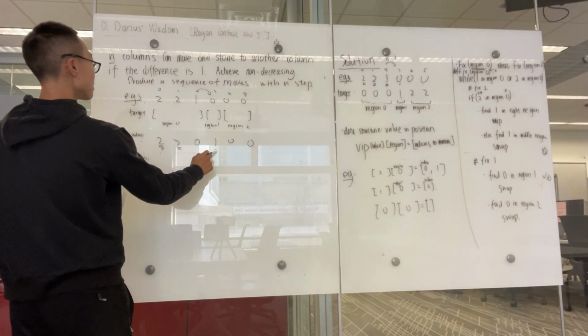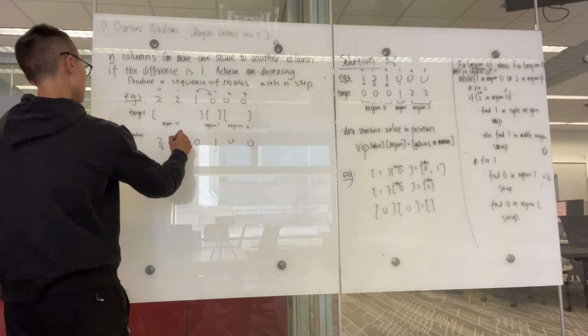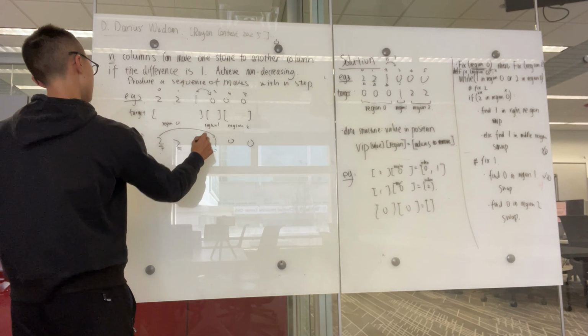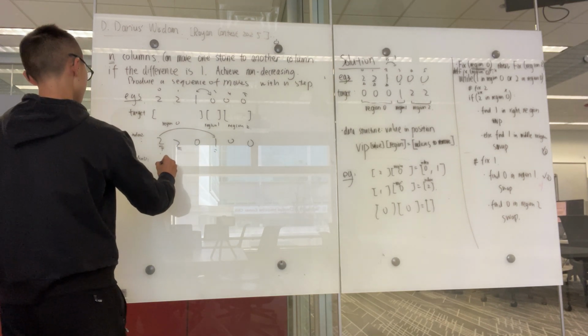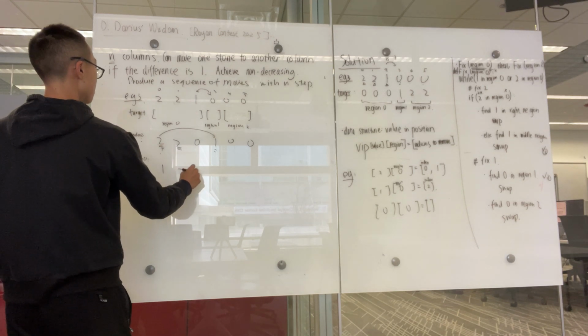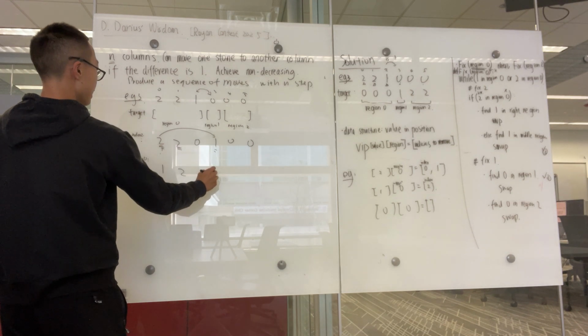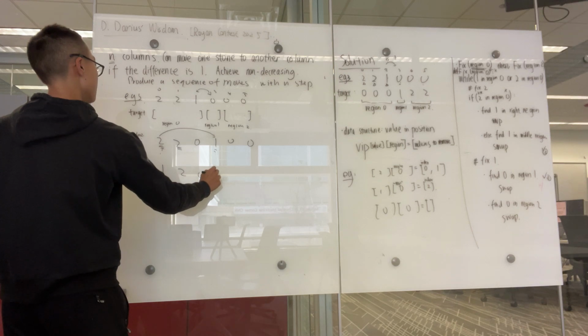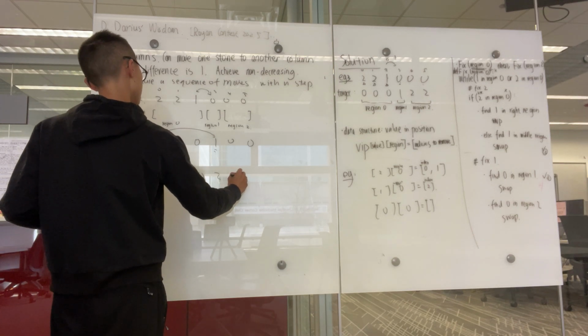Oh, awesome, we found 1. So we shift the 2 over there. This produces 1, 2, 0, and this 1 gets another stone. It becomes 2, 0, 0.